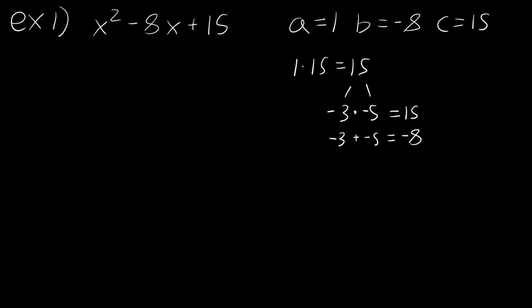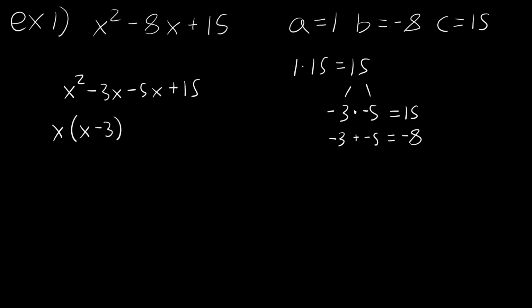So now we're going to rewrite bx using these numbers: x squared minus 3x minus 5x plus 15. Now we can factor by grouping. So x squared minus 3x, we can factor out an x. So x, then we're left with x minus 3.